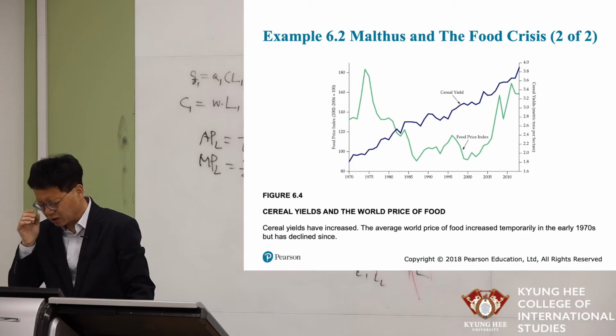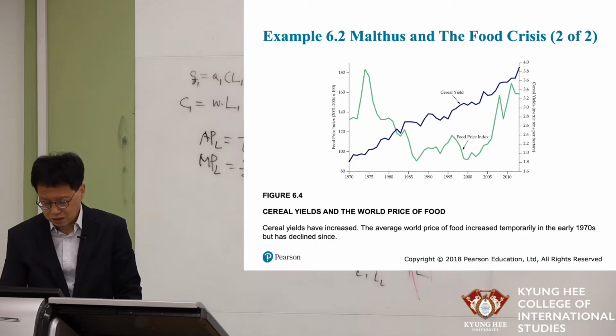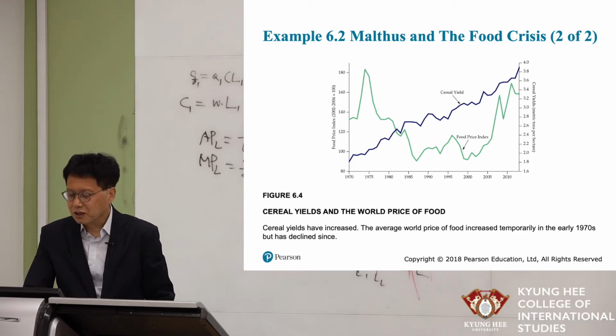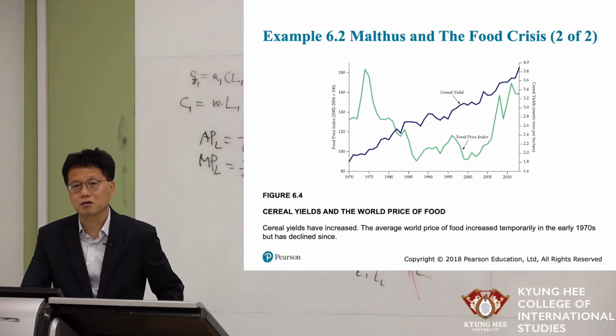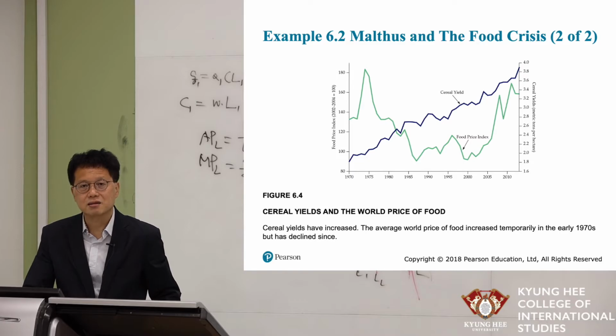If we look at long-term insights, in the long-term study of economics, technological change or productivity growth is really, really important. But most people ignore technological change and productivity growth, and always talk about some results.